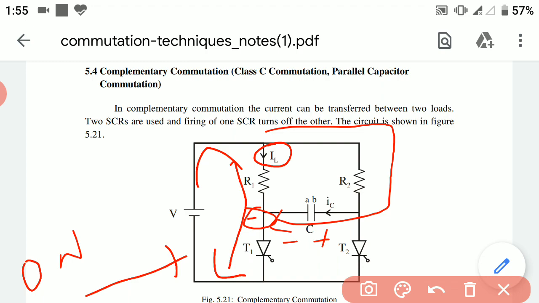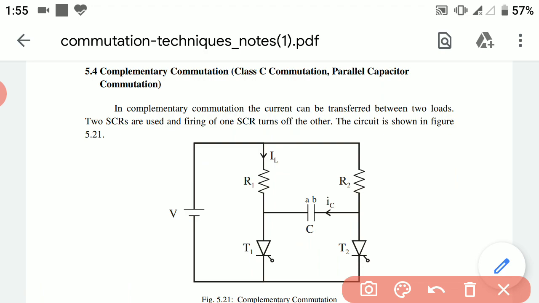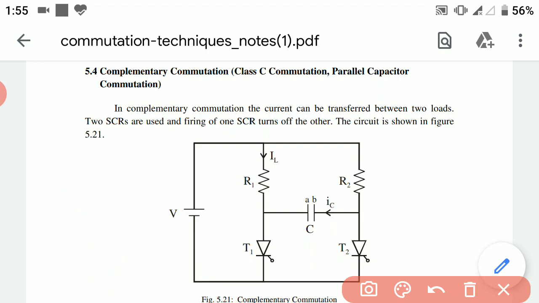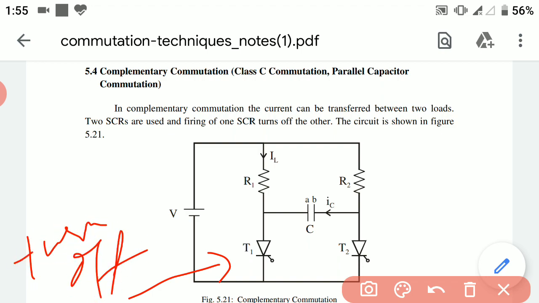That is, now the anode terminal of thyristor T1 will be at negative polarity. Due to these capacitor polarities, thyristor T1 is now reverse biased. This happens when the capacitor is fully charged. Due to these polarities, the thyristor T1 will be reverse biased and it will be turned off.